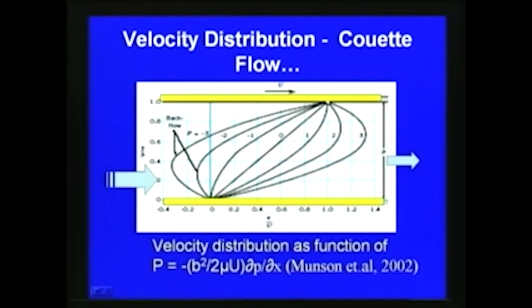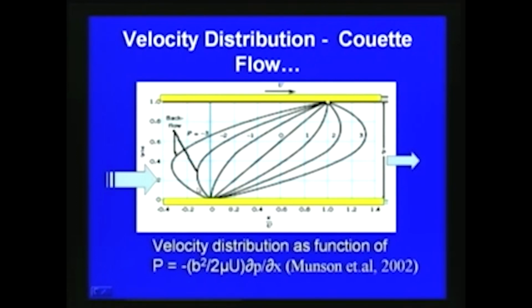Now, as far as the velocity distribution for Couette flow is concerned, here you can see that the lower plate is fixed and the upper plate is moving with a velocity capital U, and the flow is in this direction.